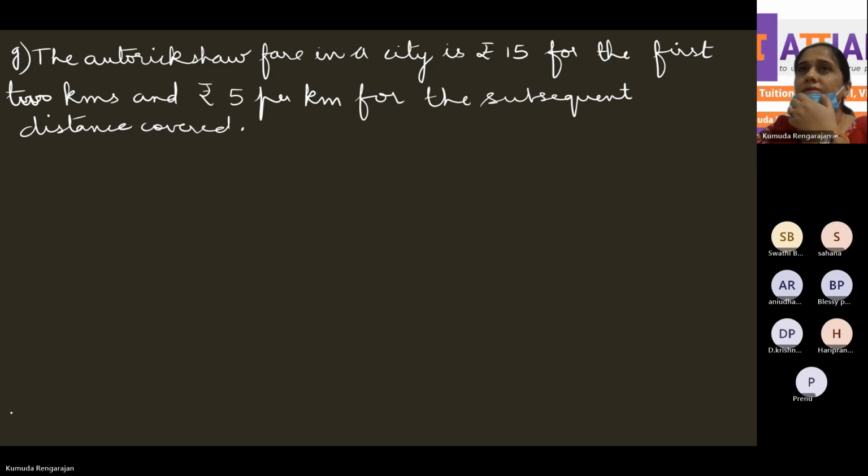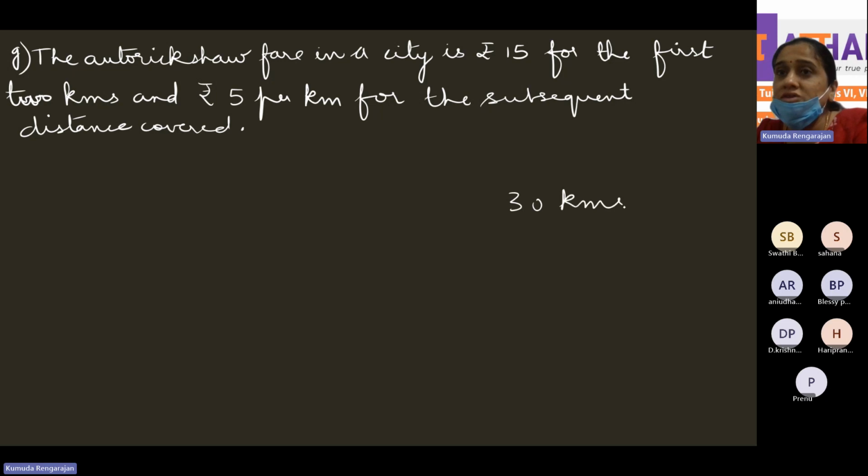So now, in this situation, you should know the total distance you're covering, right? Only if you know the total distance. Supposing you hire an auto rickshaw under these conditions and you travel 30 kilometers. So how will you calculate? For the first 2 kilometers, 15 rupees.